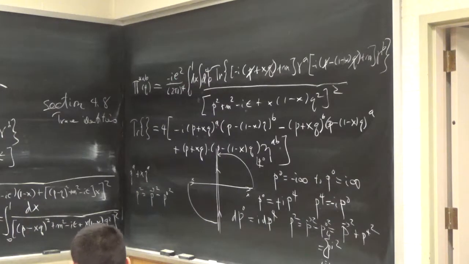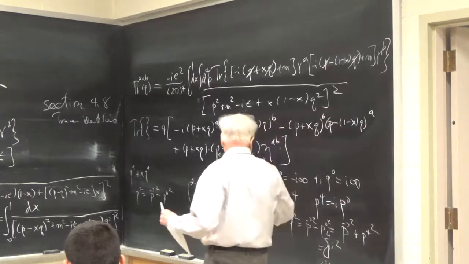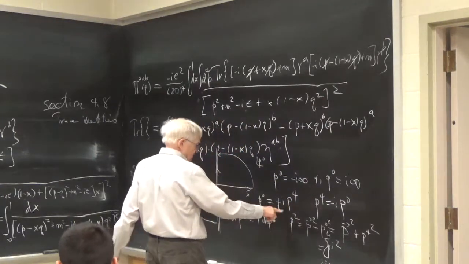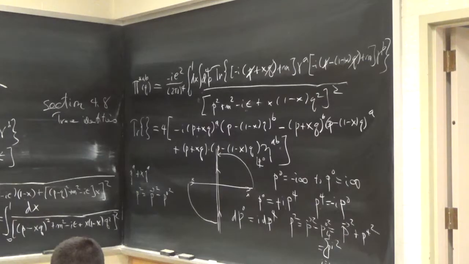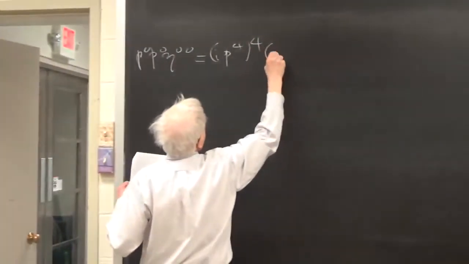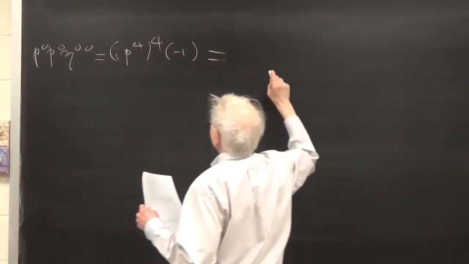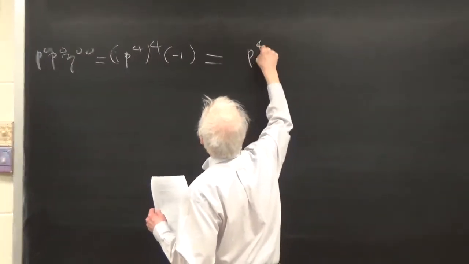For example, if we have P0, P0, eta 0,0, and let me use the convention that I've now decided is correct, P0 is i P4, but I think Weinberg has the opposite convention. So this is i P4 squared times minus 1, and so this is just P4 squared.